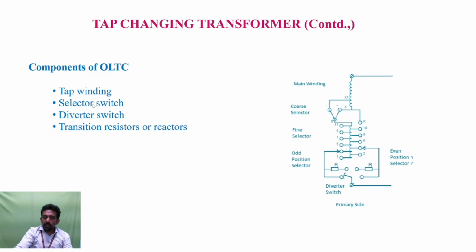In the selector switch there is no formation of arc, because as the load current changes, as we are switching from one voltage level to another voltage level, definitely there is a spark or arc coming around. This can be avoided by means of disconnection of the selector switch in relation with the diverter switch.